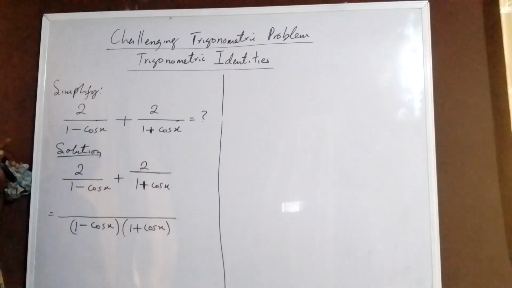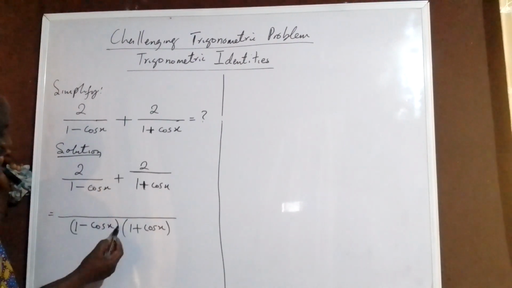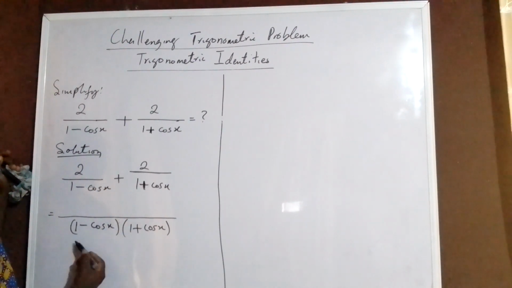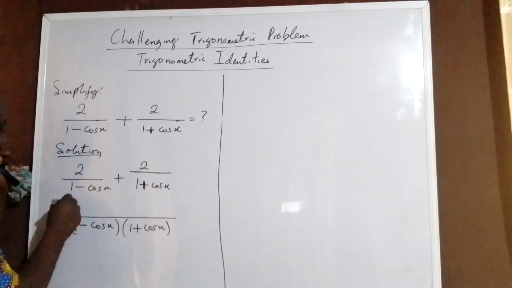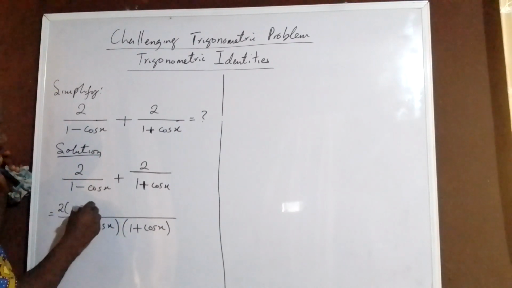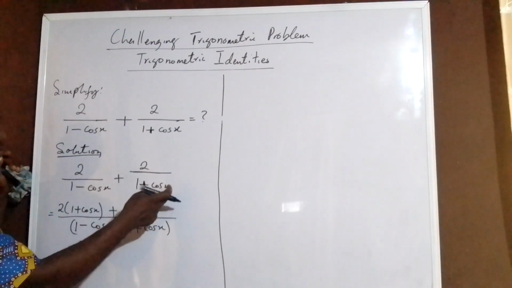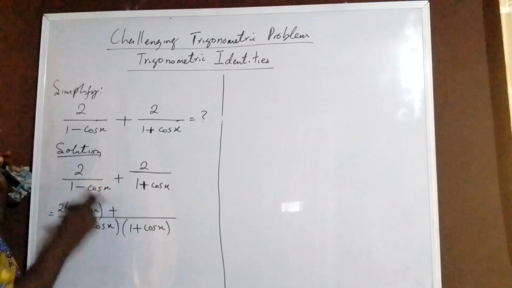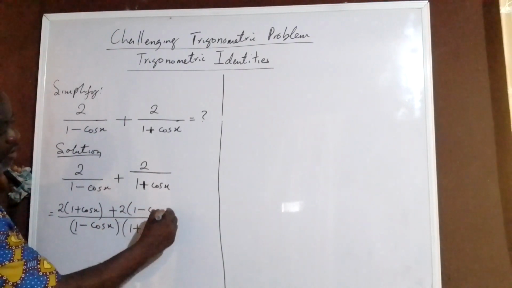And of course, by rule of LCM, 1 minus cos x will cancel out 1 minus cos x. So we're going to have 2 times 1 plus cos x. Plus 1 plus cos x will cancel out 1 plus cos x, and then we have 2 times 1 minus cos x.